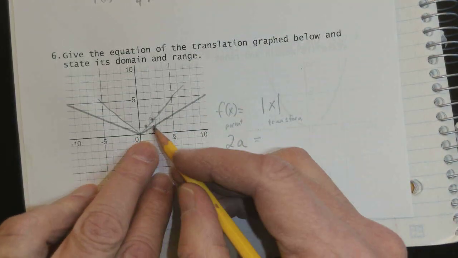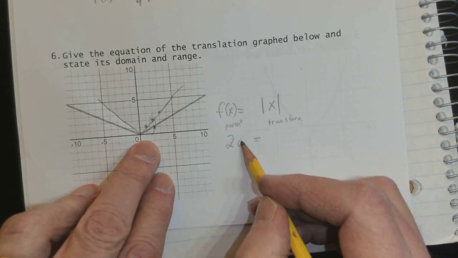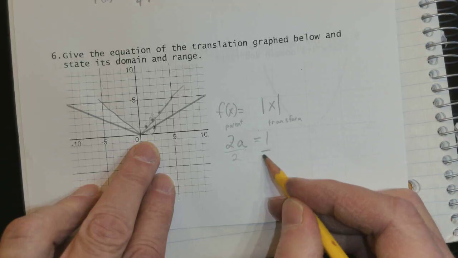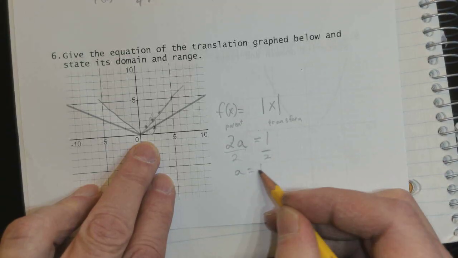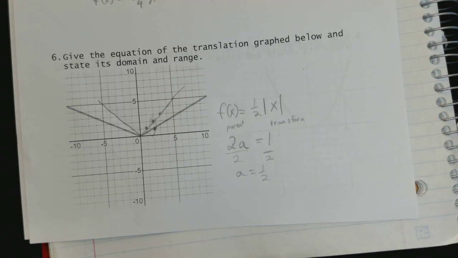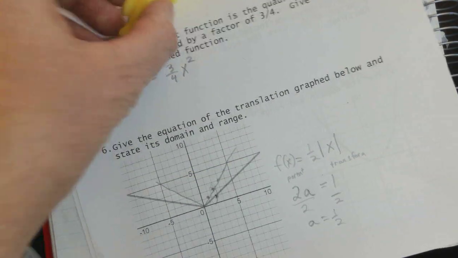The y coordinate here is 2, that's that, times a is equal to the y coordinate here of 1. So a is 1/2. All right? This guy's getting squished. Right there.